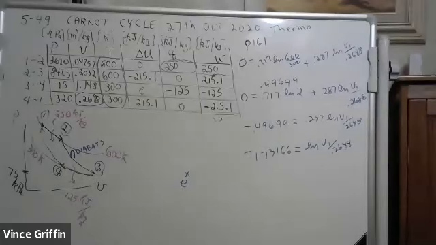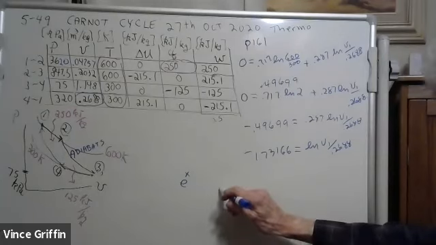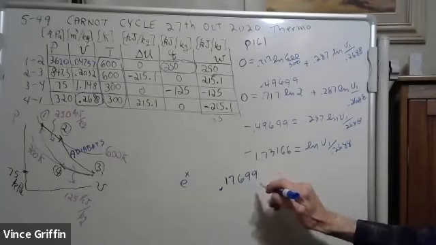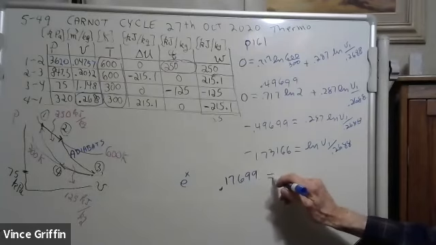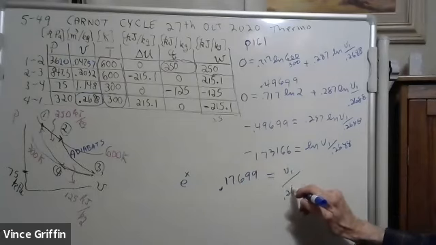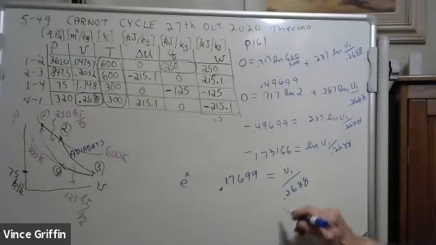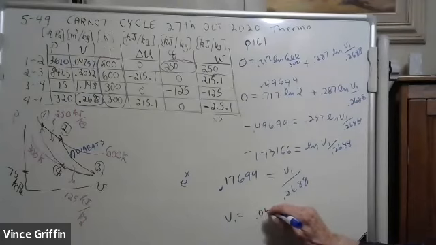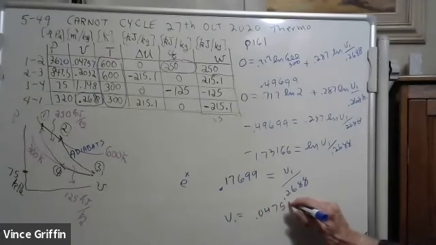Here goes. And what it gives me is 0.17699. That's good enough. Equals V1 over 0.2688. So I'm just going to multiply. V1 will be that times 0.2688. I'm getting 0.04757.